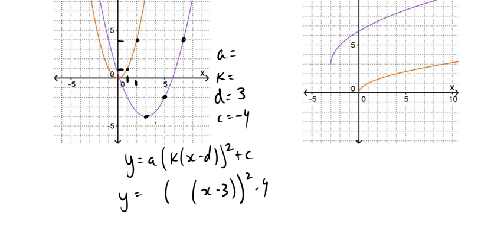So instead of going over 1, I've gone over 2 from the vertex. So what have I done? I've stretched it horizontally by a factor of 2. I'm assuming the next point is usually over 2, but it's actually over 4. So what's my k value? It's a half.